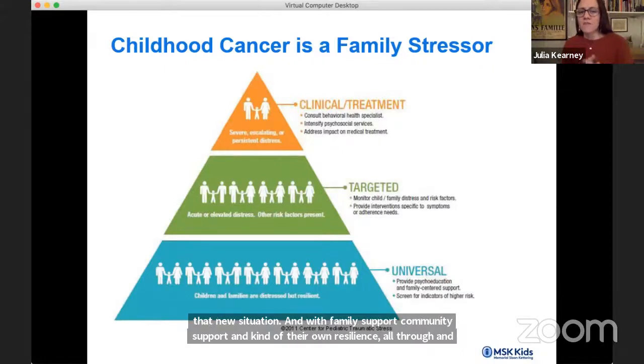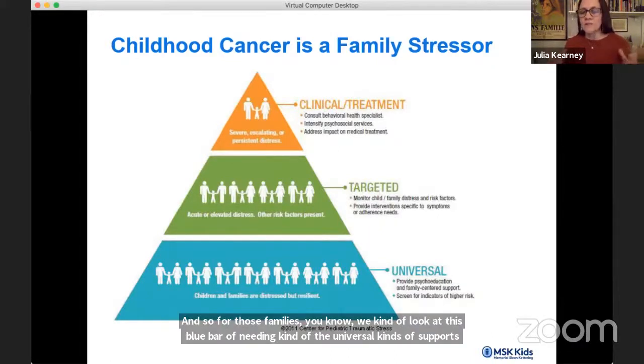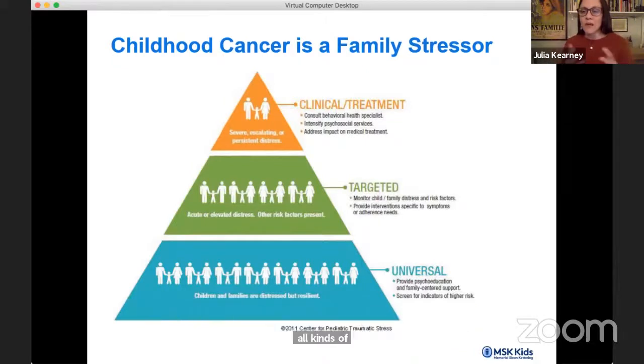And then we have families at elevated risk and in crisis who need a lot more kinds of services. We look at the beginning to identify those risk factors. We move quickly to ameliorate those and bring those risk factors down so that we can get everybody into this resilient, supported experience going through cancer treatment.